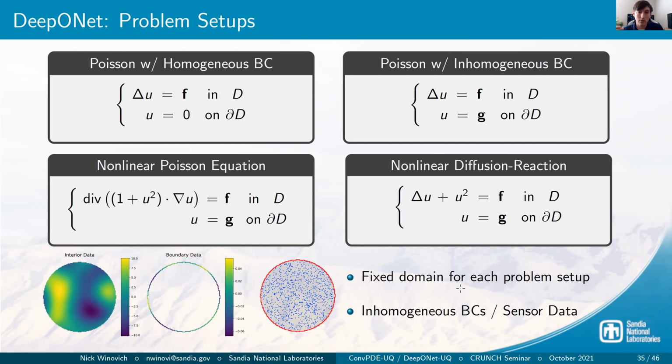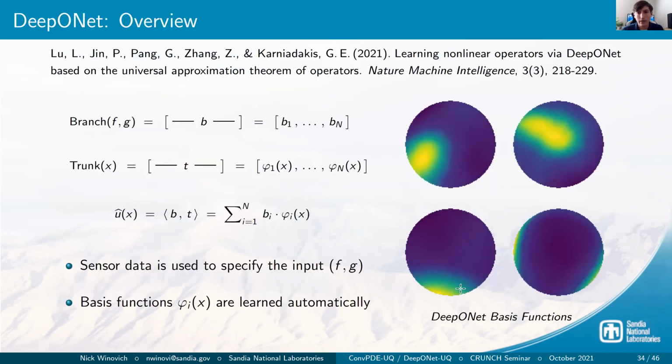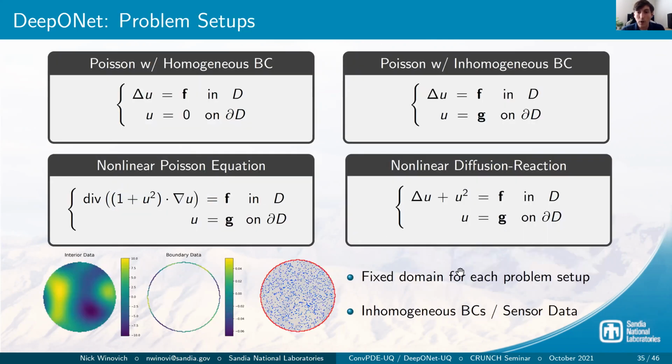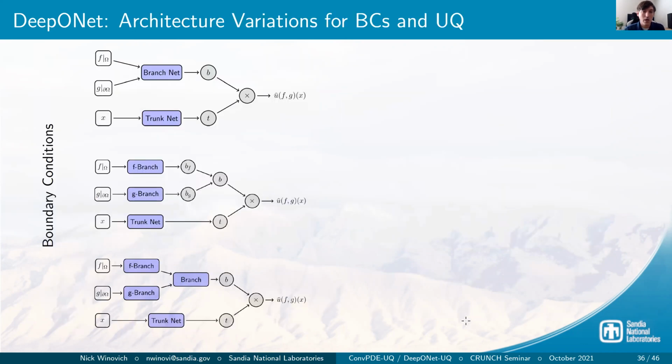For each trained network, it's custom tailored to a domain, and that makes sense as a constraint, based on the idea that we're learning these bases for the domain effectively. But thanks to that, we're able to add this inhomogeneous boundary data and use sensors.